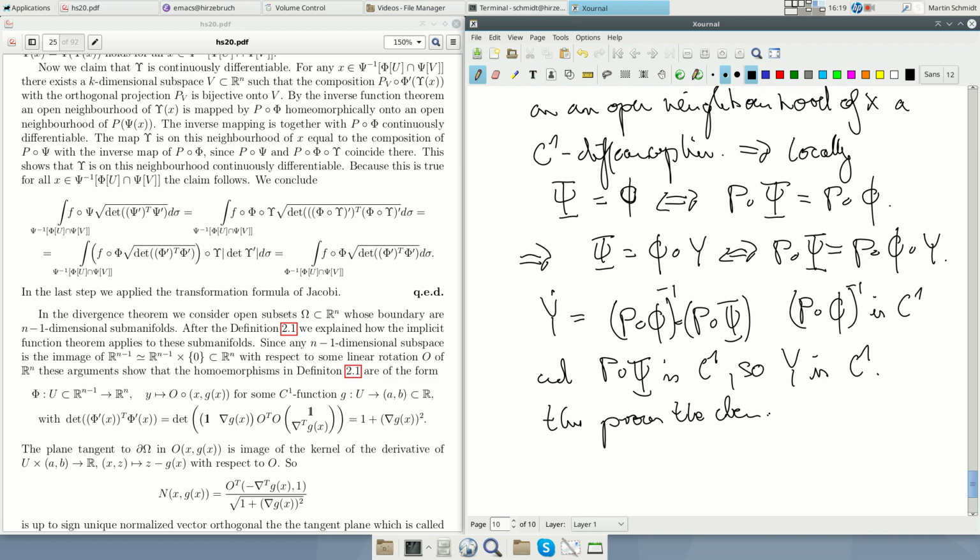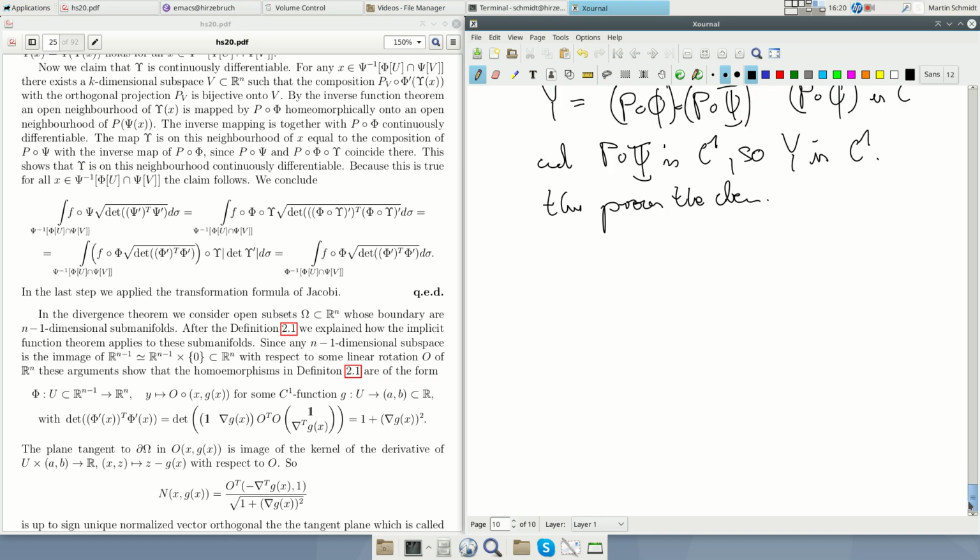Locally nearby any point, so now this is enough. And now the rest is just a simple calculation and an application of the Jacobi transformation formula. We have psi equal to phi composed with upsilon.